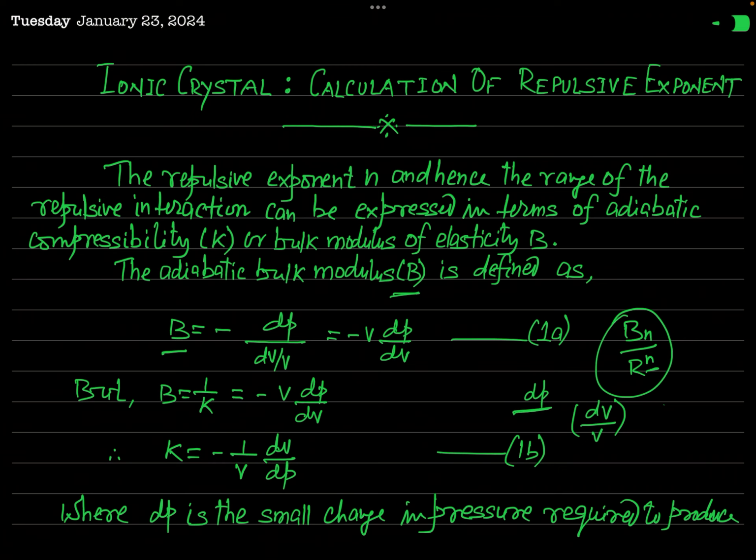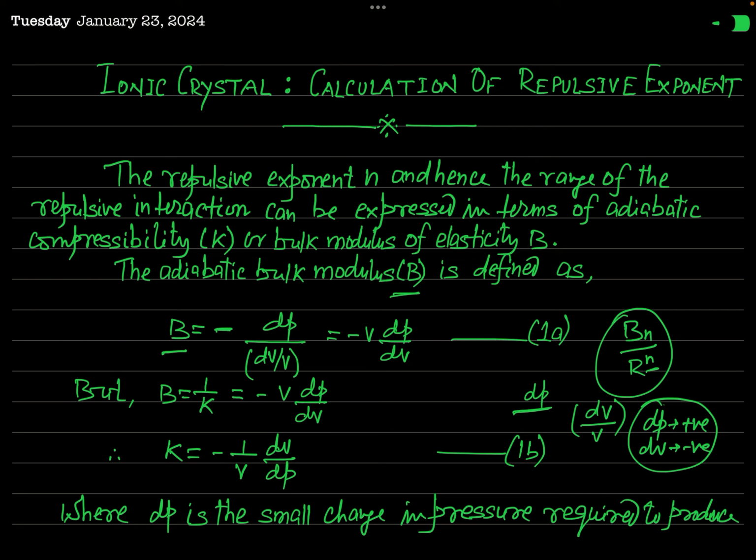Actually, dP is the measure of bulk stress, and this dV by V is the measure of bulk strain. But here we have put a negative sign. Why is this negative sign used? Because whenever pressure increases, volume decreases. So when dP is positive, then definitely dV will be negative, and the modulus of elasticity must be positive.